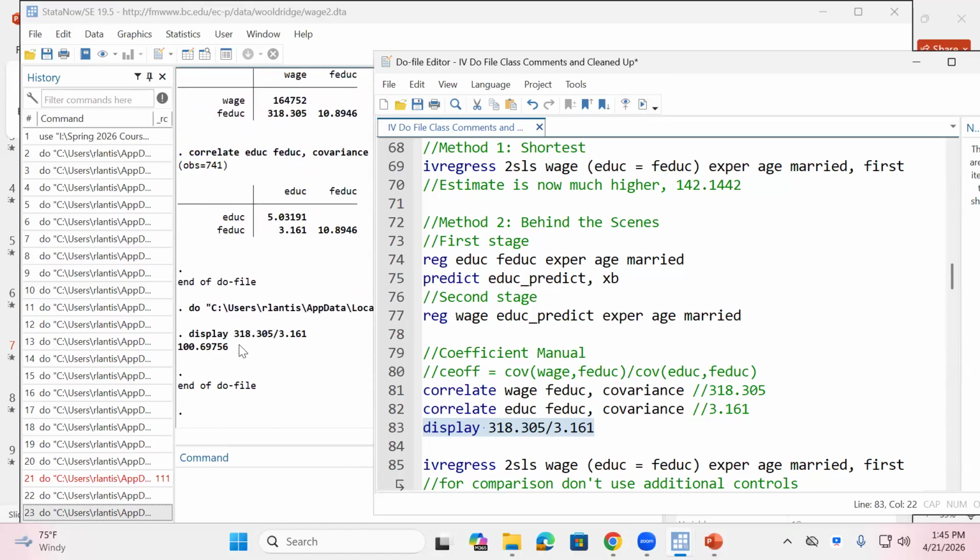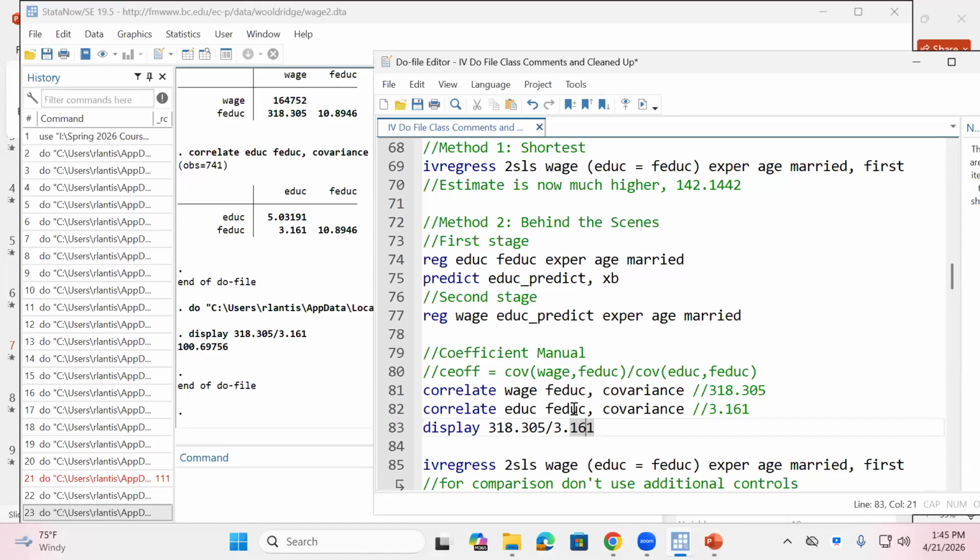100.67 instead of 142. Oh, well, actually, what does this not account for? When I was setting this up before, all I had on the right-hand side was just the x variable. So the only way I can actually use this covariance ratio is if I don't include any additional controls.